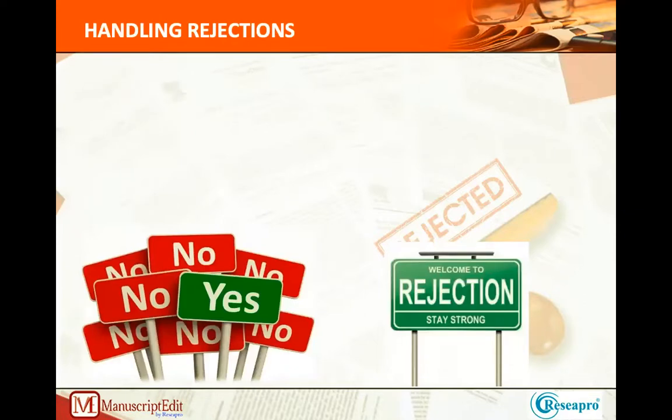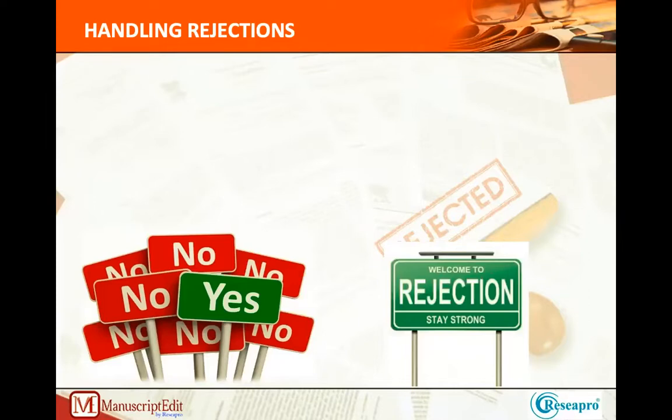Now, handling rejections. Getting a rejection letter from a journal is one of the most disconcerting experiences for any author. Statistical evidence suggests all authors, including the most experienced ones, face rejection even at matured stages of their careers.